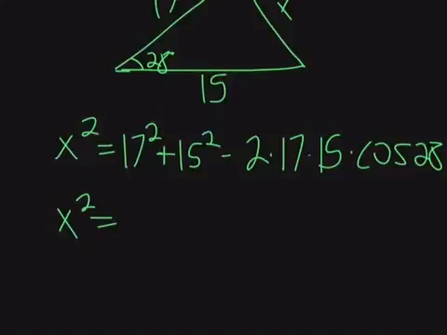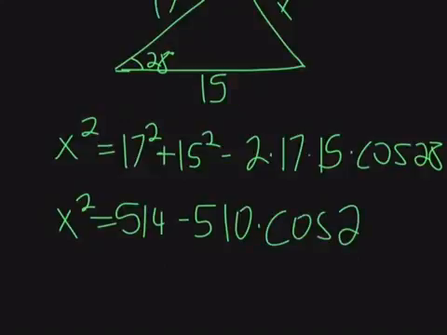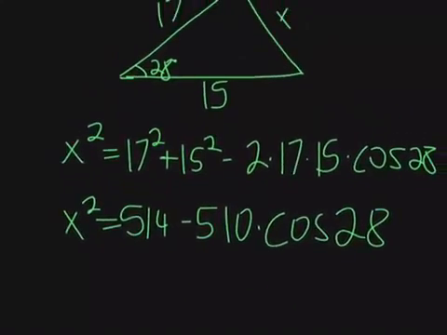In the calculator I'm going to type in 17 squared plus 15 squared, which is equal to 514. 514 minus 2 times 17 times 15, which is 510, so it's going to be minus 510 times the cosine of 28. And now we know how to find x squared.